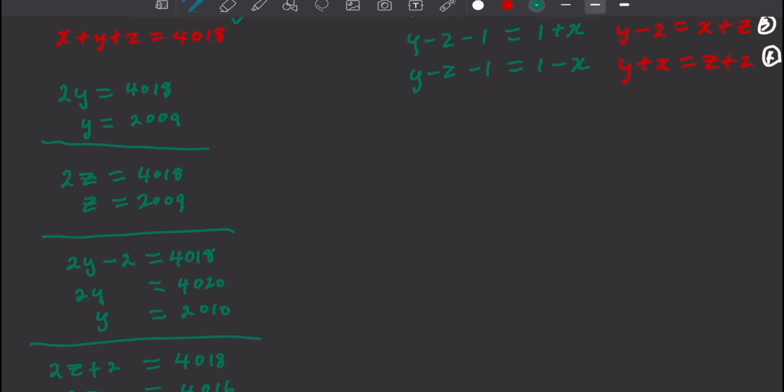Okay, so now we've got those values. We can put together some statements to work out what x is.